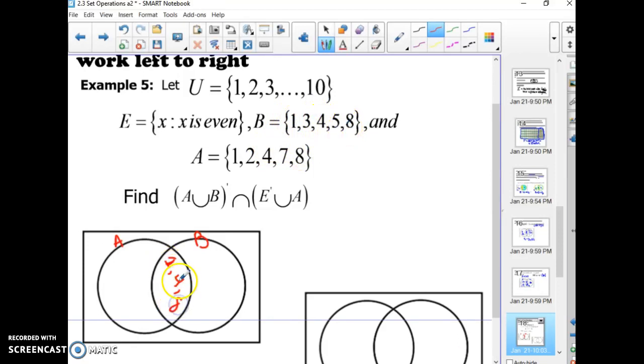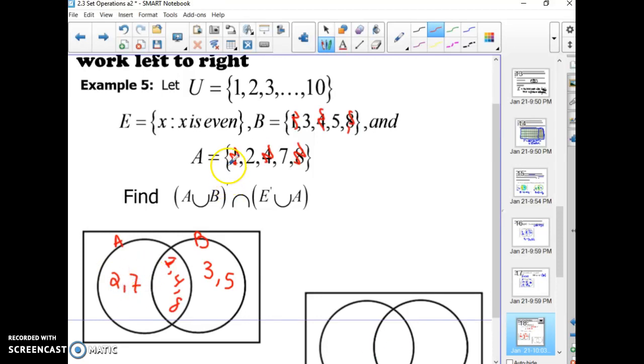So 1, 4, and 8 go in the center. In B, I also have 3 and 5 over here. In A, I have 2 and 7.